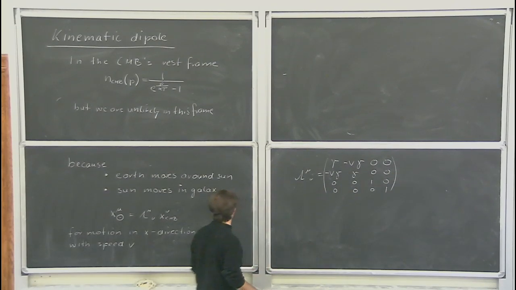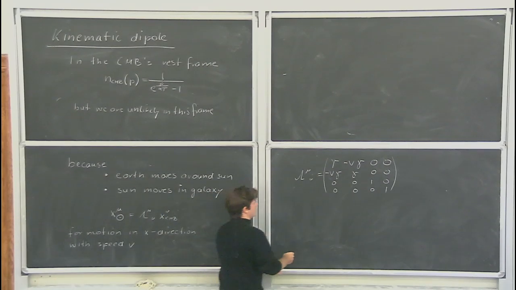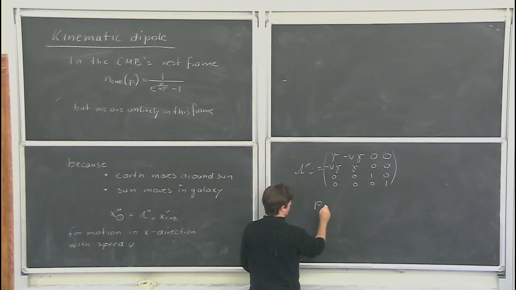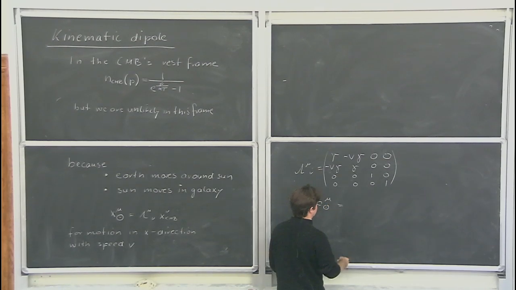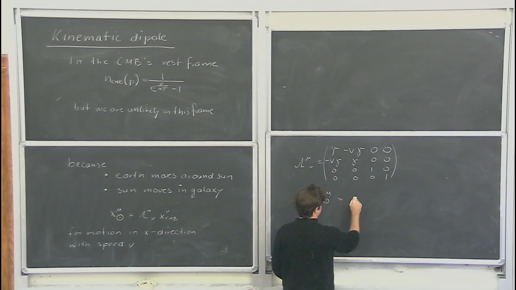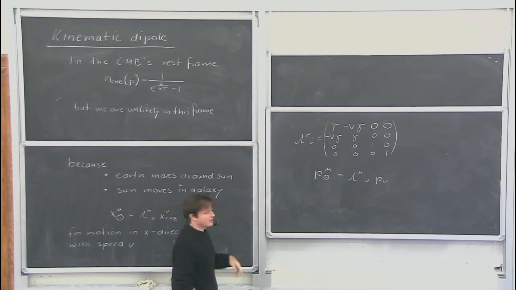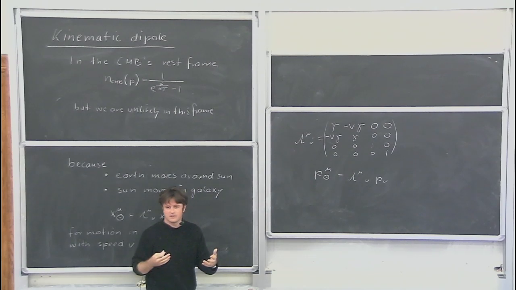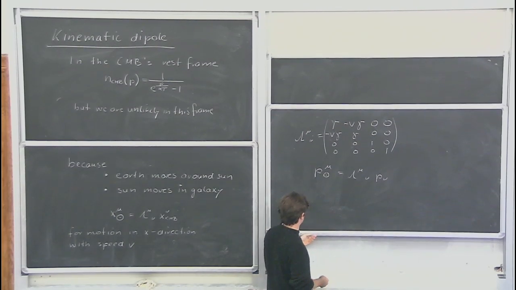And with this Lorentz transformation, we also know that the momenta that we assign to a particle are related to the momenta assigned by someone in the CMB rest frame, again by the same Lorentz transformation. And we also know that the occupation number is a Lorentz invariant quantity. It doesn't matter how fast you're moving, you're just relabeling what you're calling the different states.